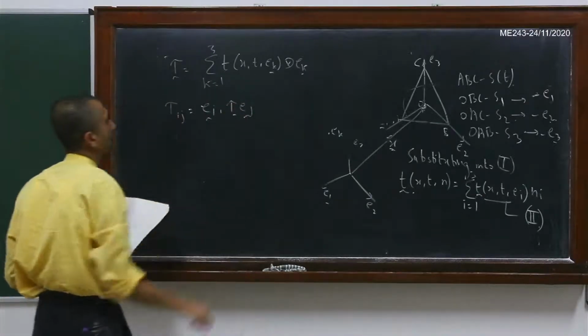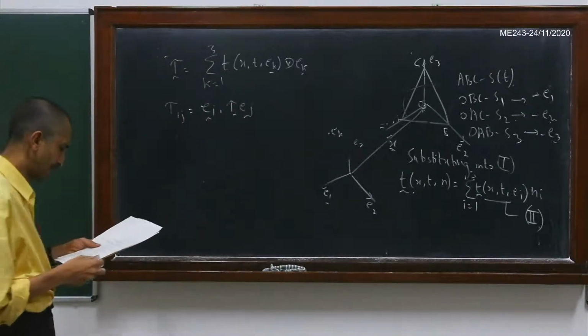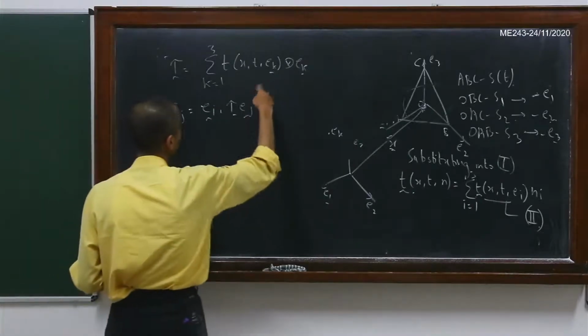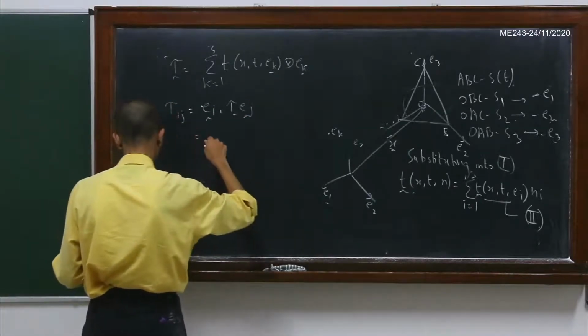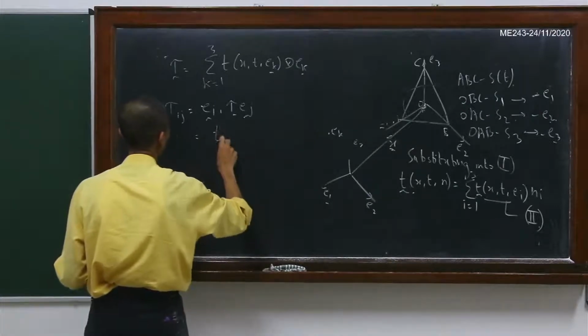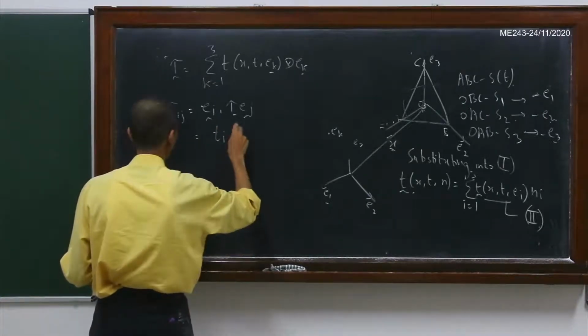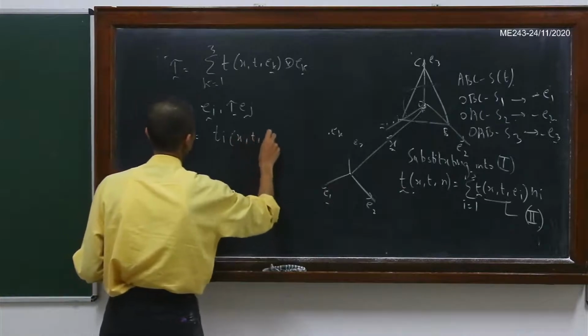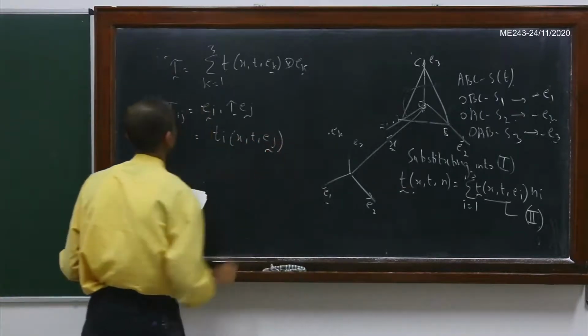These are the components of the stress tensor, and when you simplify this expression, you will get that this is equal to t_i of x, t, e_j.